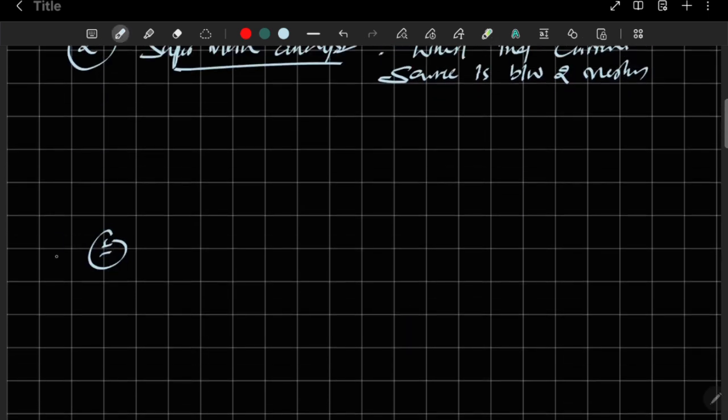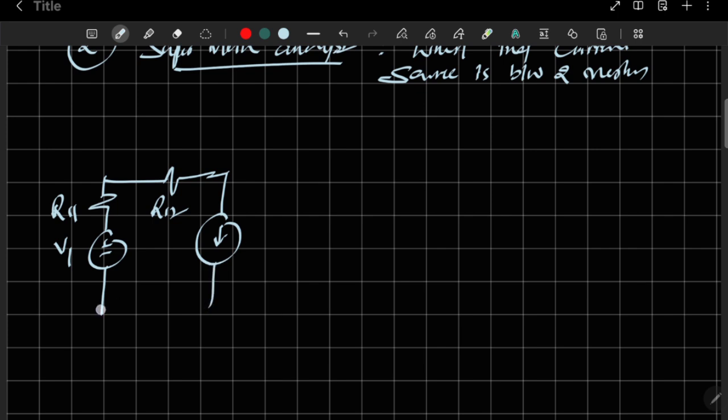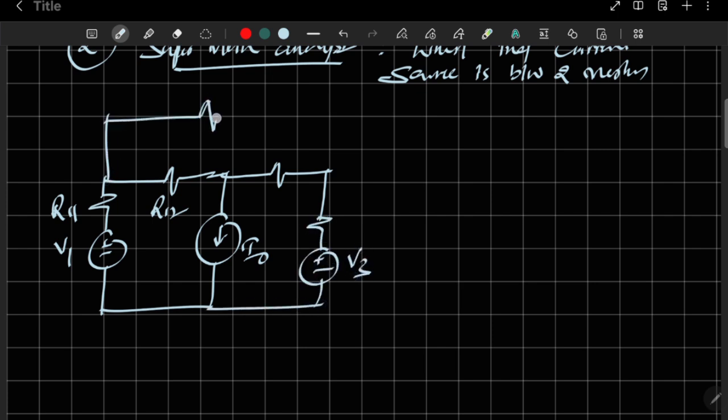So I will take V1 with resistor R11 and R12, and previously we have taken the R12 resistor here. Now I will take here a current source I0, then a resistor, one more resistor, an independent voltage source V3, and resistor R13.